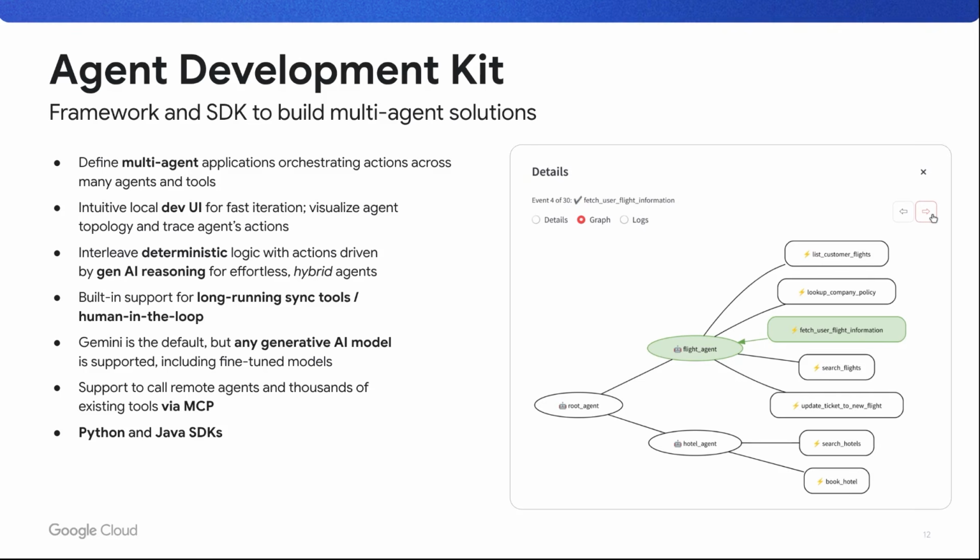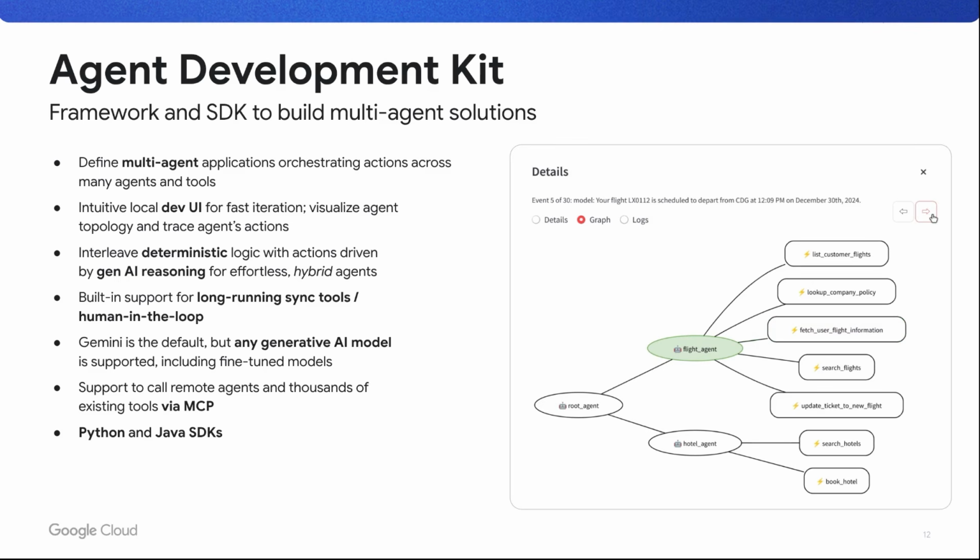Now that we've introduced ADK, let's talk about some of the powerful features. You can orchestrate actions across multiple agents and tools, and seamlessly blend deterministic code with generative AI reasoning for hybrid approaches, for creative solutions that you can control. The ADK includes an intuitive local UI, which enables rapid development, testing, and tracing agent actions visually.